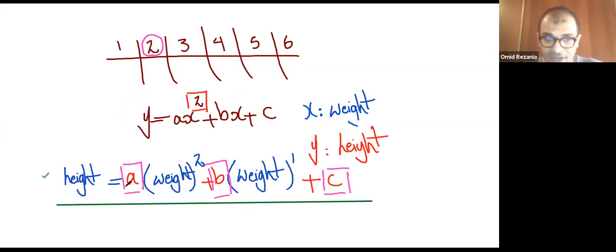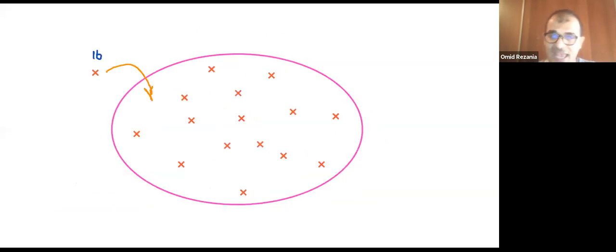We're going to see how to estimate the coefficients A, B, and C. That's the purpose. But at the end of the day, if another woman steps inside the room, woman number 16, who was not initially in our data sets, can I make a prediction or a guess of how tall she is?